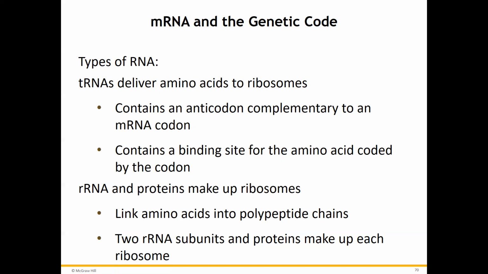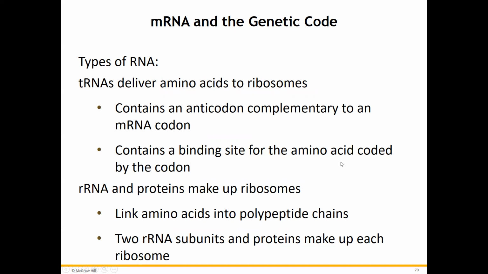The codon creates a shape, and the anticodon is the puzzle piece that fits in there. It's highly specific. You have one anticodon for every codon, and that means we have 61 transfer RNA molecules that have an anticodon on them that is complementary to the messenger RNA codon.